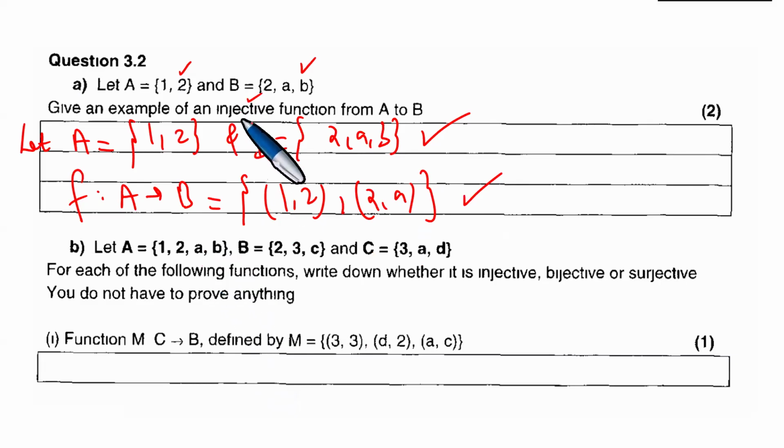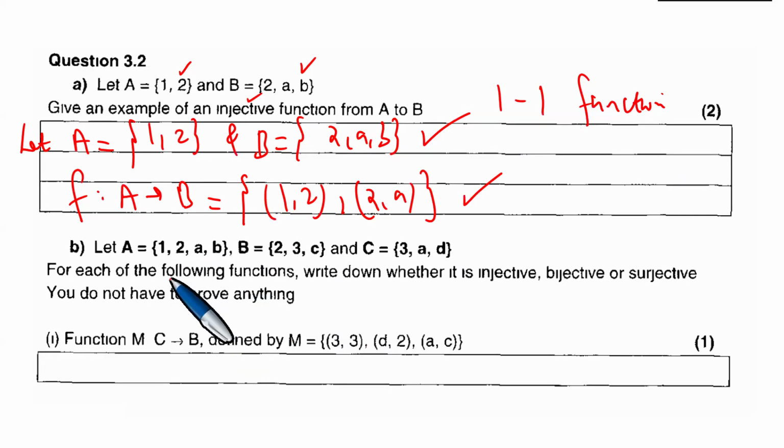An injective function is what we call a one-to-one function. A one-to-one function would map different elements to different images.